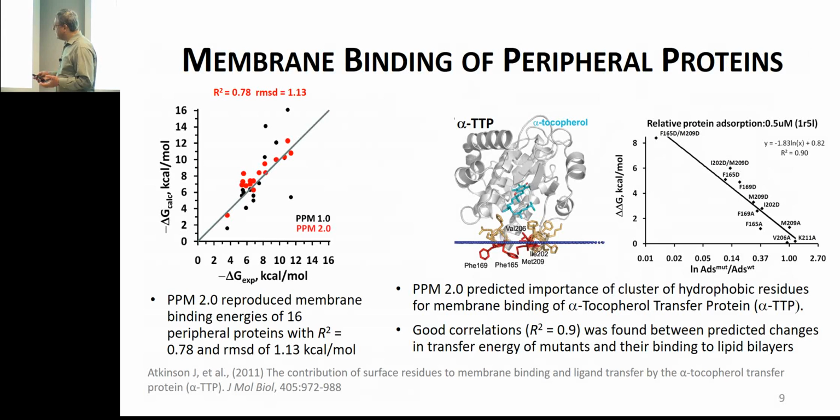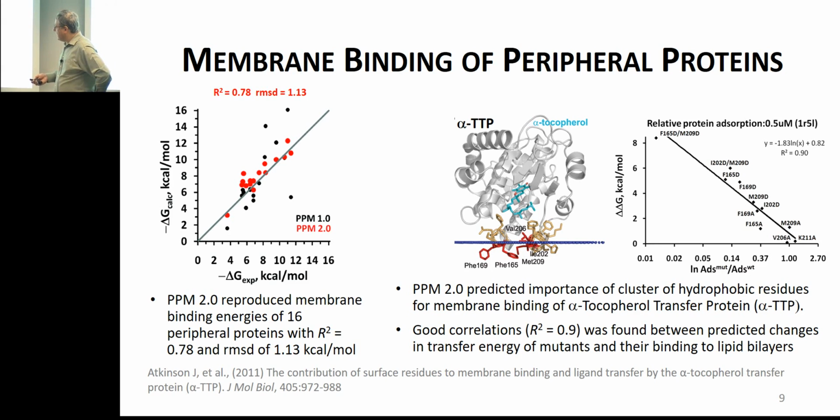So, for example, using this approach, we can calculate spatial arrangement in membranes, not only of transmembrane proteins, but also peripheral proteins. Here, the alpha-tocopherol transfer protein is shown just as an example. That was our collaboration with people from Canada, which we published in BBA. And our method can determine which residues will be penetrating to the acyl chain region and how deep.